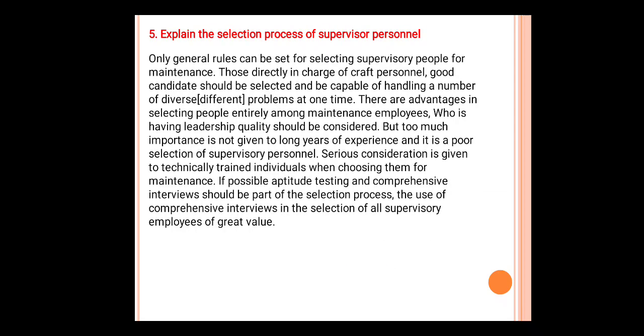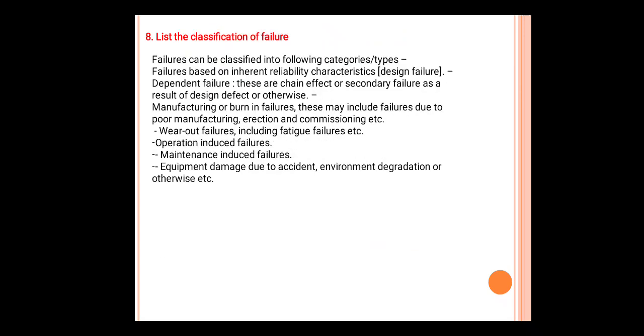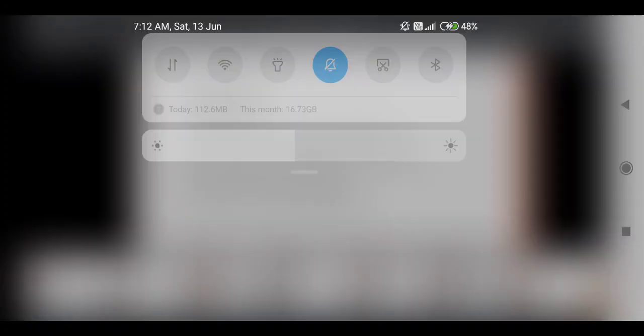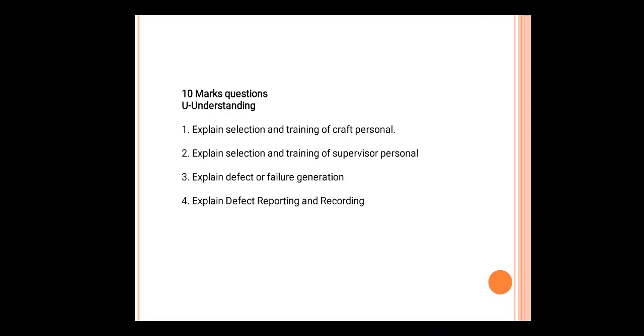You have to answer both in that question to get the 10 marks. Then explain defect or failure generation. I already explained about this one. Explain defect reporting and recording. In the previous slide only I told about this one.